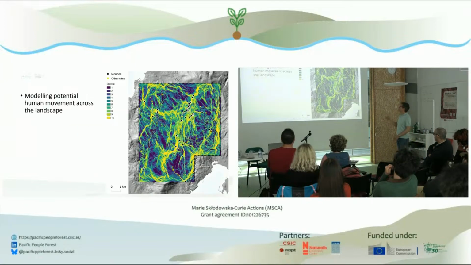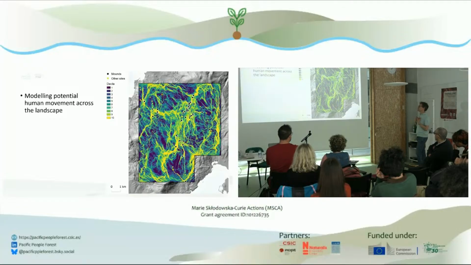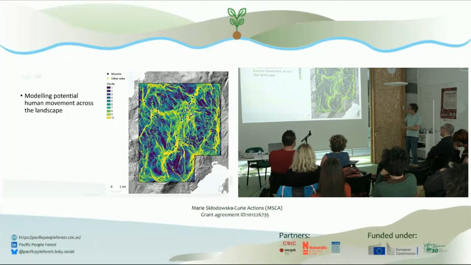So we did the same for this area and created this model of potential human movement across the landscape. The areas in yellow are those areas where one might expect that people were moving across when exploring or traversing this landscape. So this gives us a very different approach to the problem than using modern paths to explore this question.